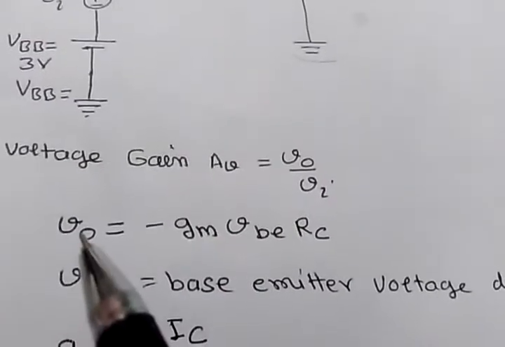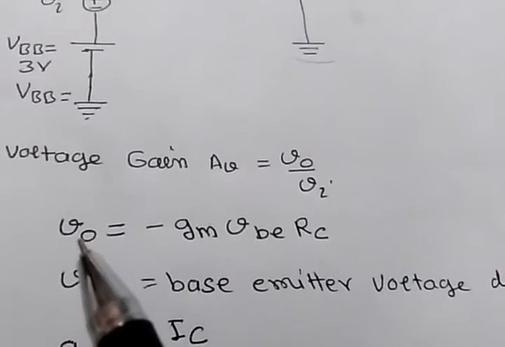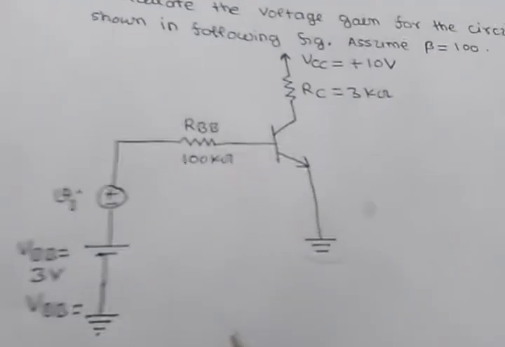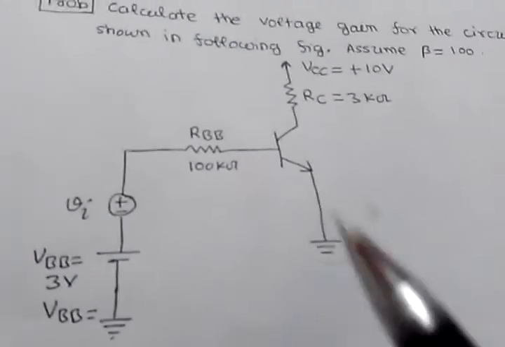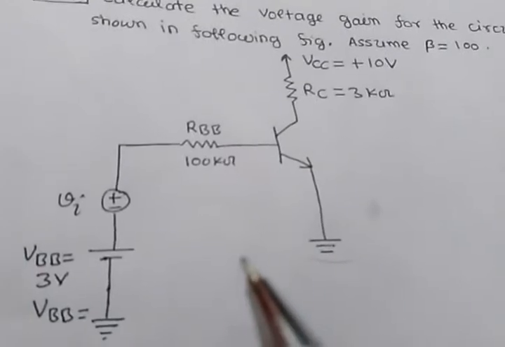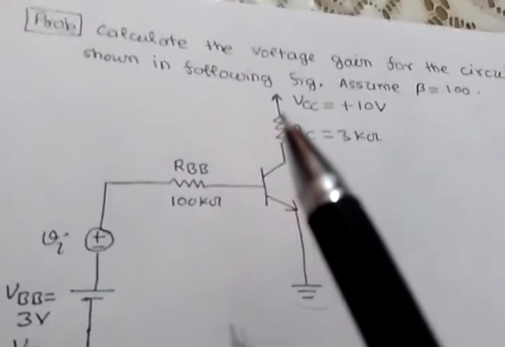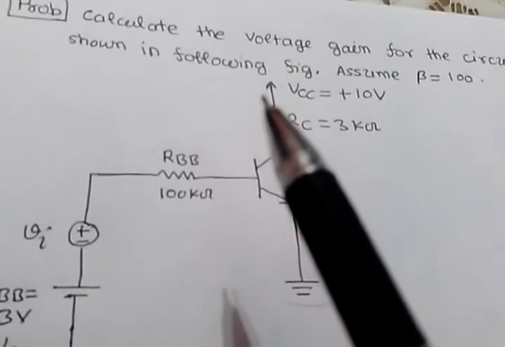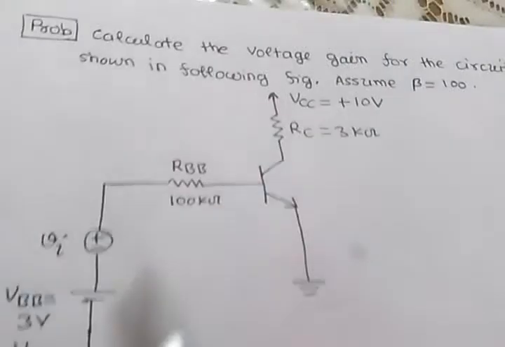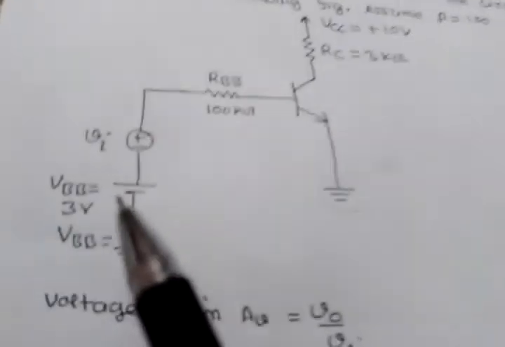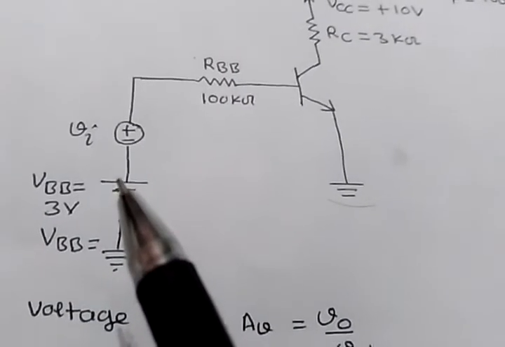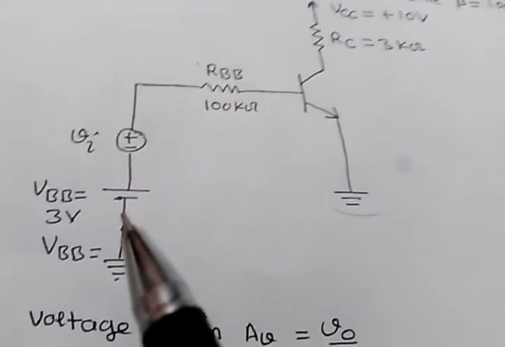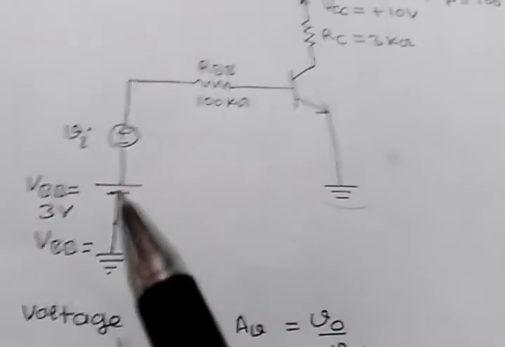To find the output voltage due to signal, we have to perform AC analysis of the given circuit. For AC analysis, all the DC sources are set to 0. So we will set VCC equal to 0 by connecting this terminal with the ground, and we will replace the voltage source VBB with 0 volt by shorting it.